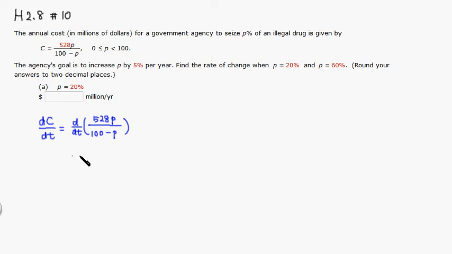In this case, I'm going to use the quotient rule. So you're going to have on the bottom the quantity 100 minus p squared.